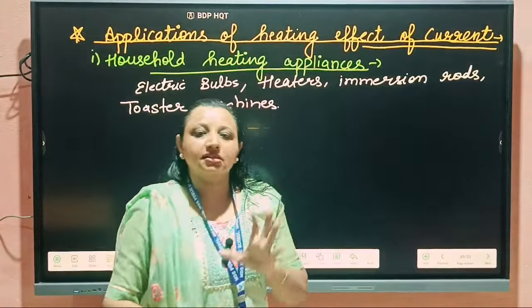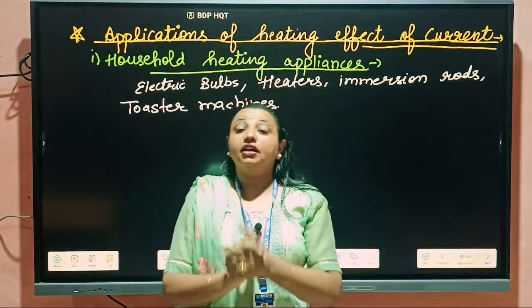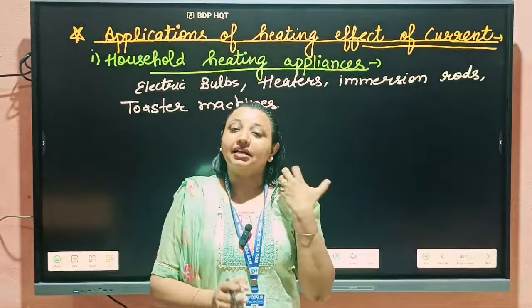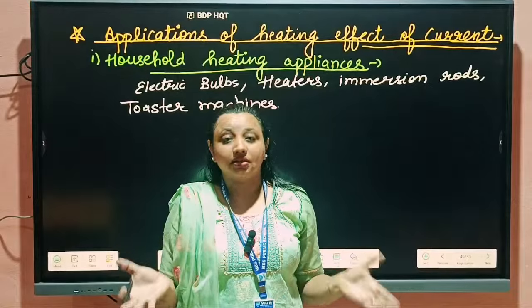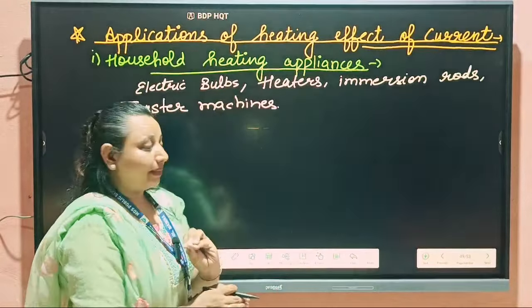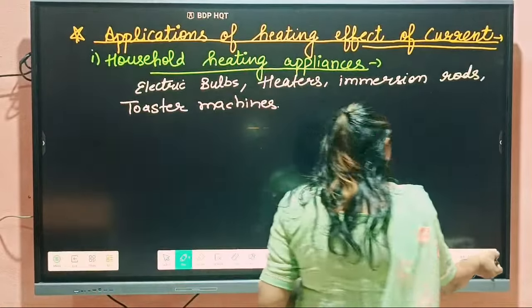These are some appliances which use the heating effect of electric current. Their heating elements get heated up and we can use that heat energy, right? So this is one application of the heating effect of electric current.